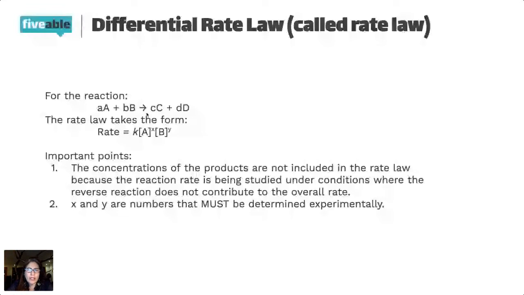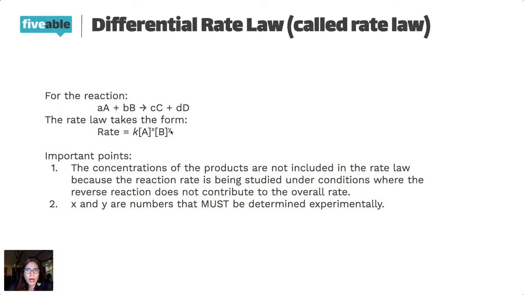We already know that some reactions are reversible, but for kinetics, we're going to study the kinetics only when the forward reaction takes precedence over the reverse reaction. So that's why we only use reactants, never products in kinetics.